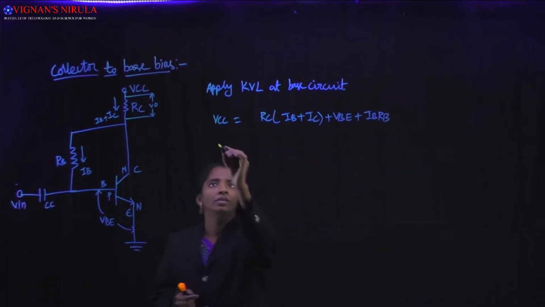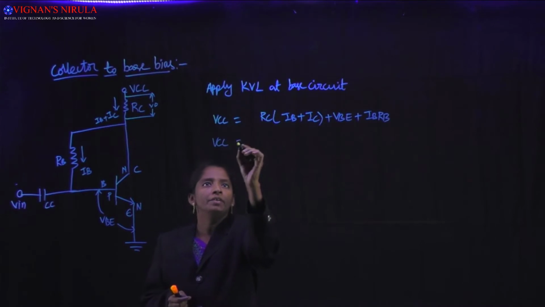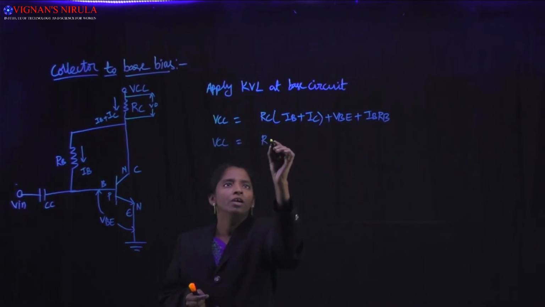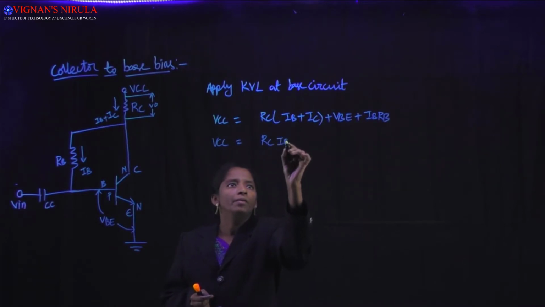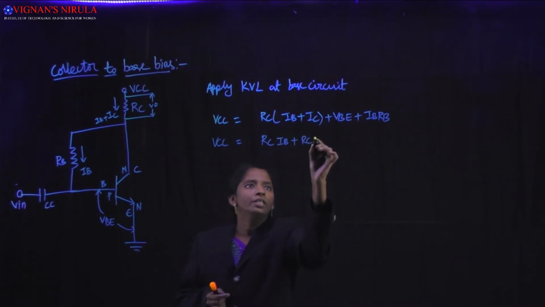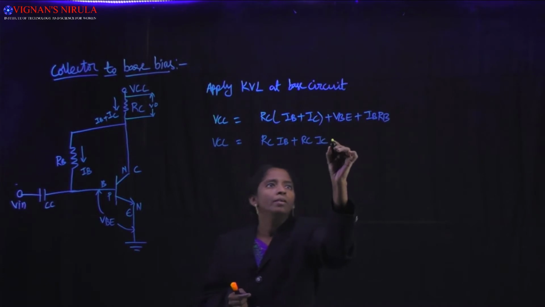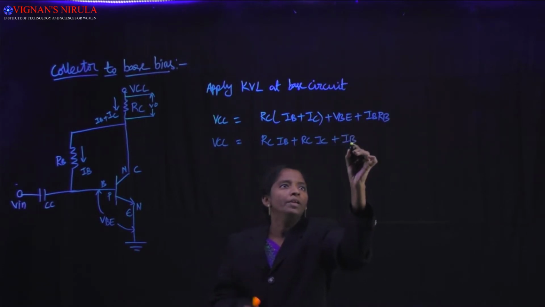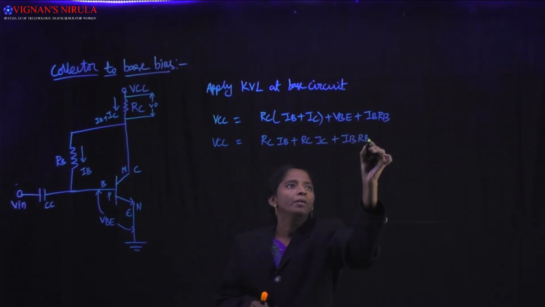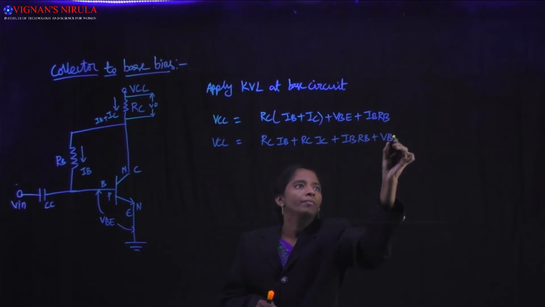Now rewrite the equation: VCC equal to RC into IB plus RC into IC plus IB into RB plus VBE.